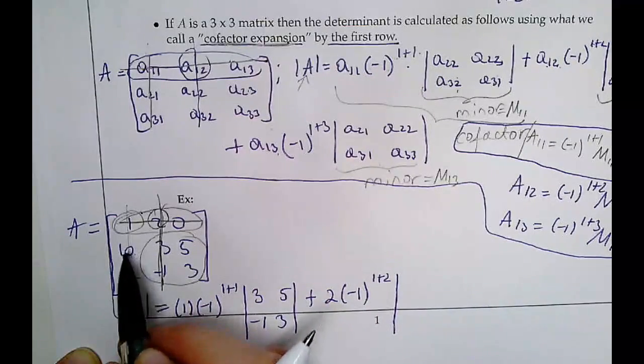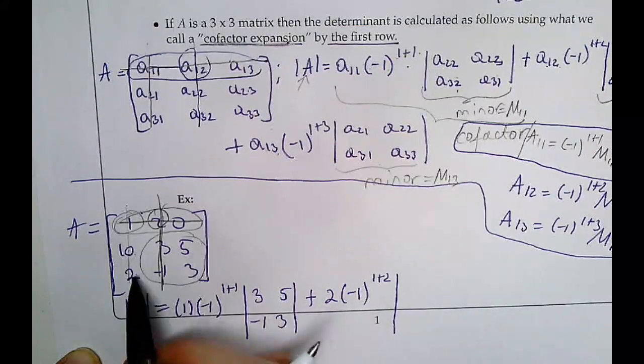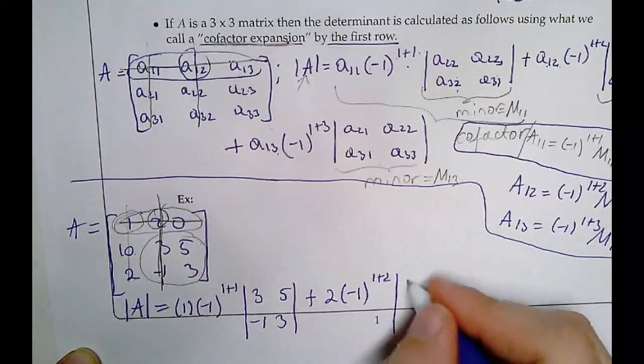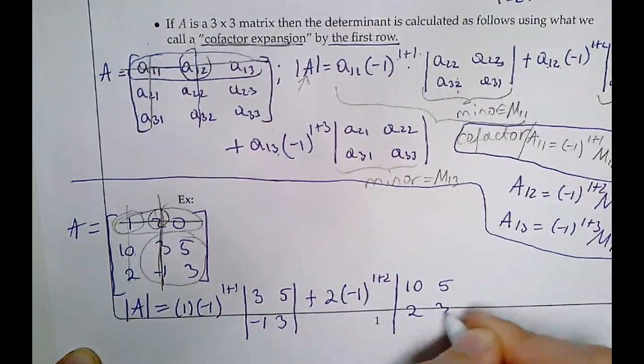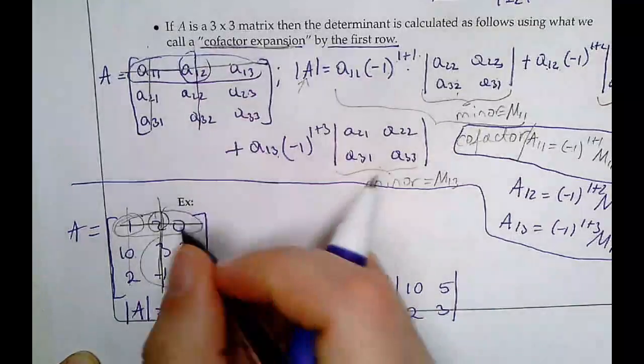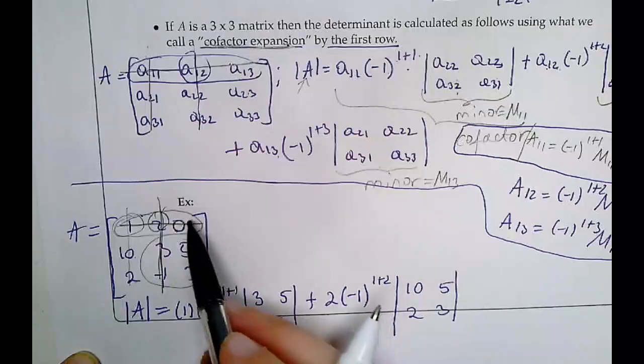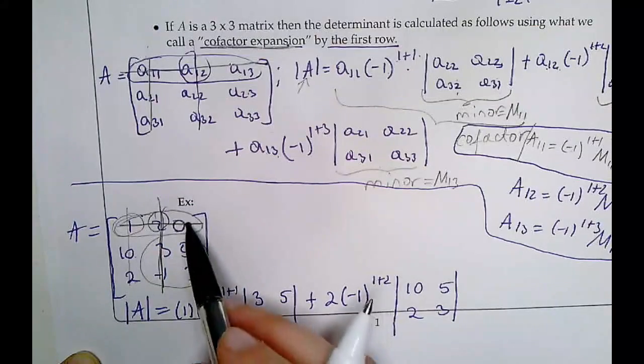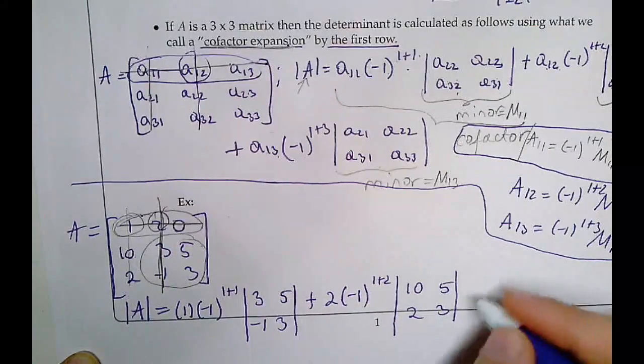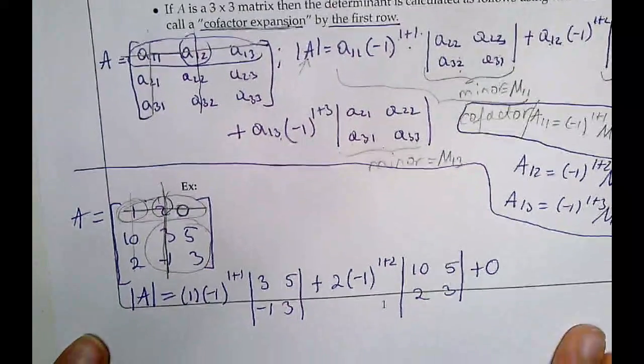I'm going to be left with the minor M12, which is 10, 5, and 2, 3. Then the last entry would be 0 times negative 1 to the 1 plus 3 times the minor. But 0 times anything is going to give me 0, so I'm not even going to bother doing that work.